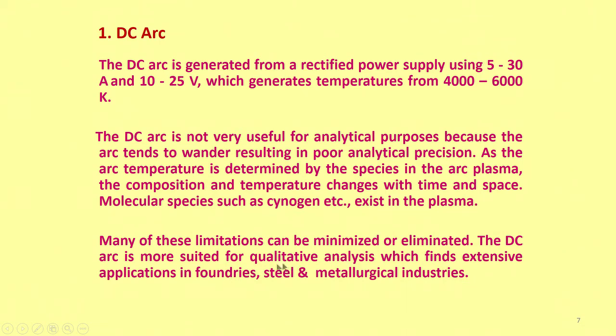So, where do we need qualitative analysis? We need it in foundries, steel and metallurgical industries, etc. When they make the alloy, they just want to know whether those elements are there or not, because during the manufacture many of the metals will vaporize and go away, they do not form the alloys.